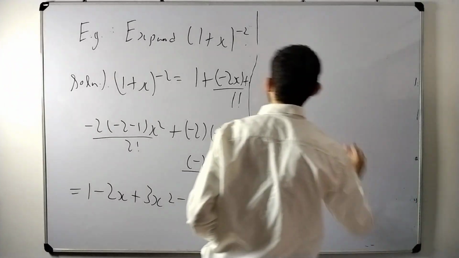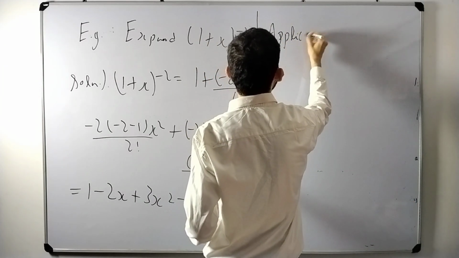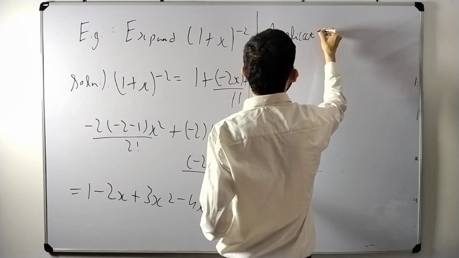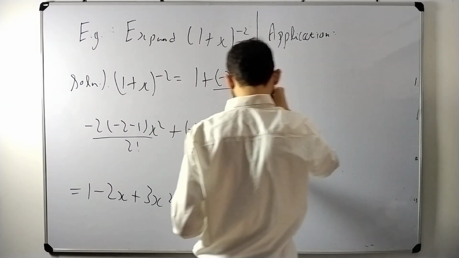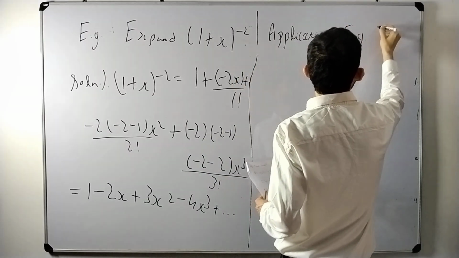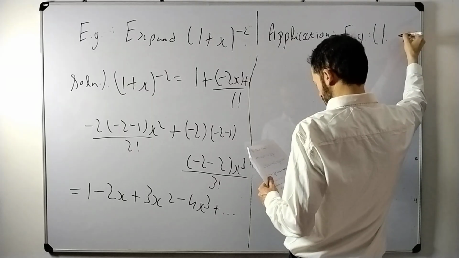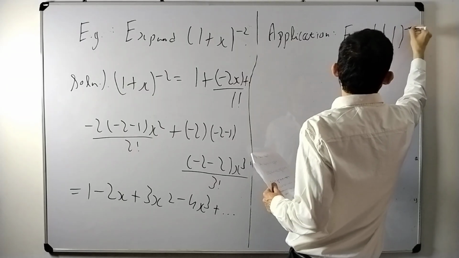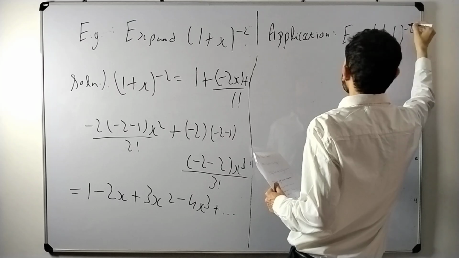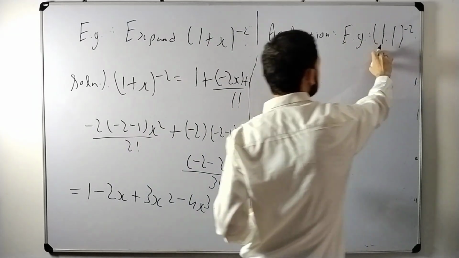Application part of it, example: 1.1 raised to minus 2. Okay, so this number is written in this form.